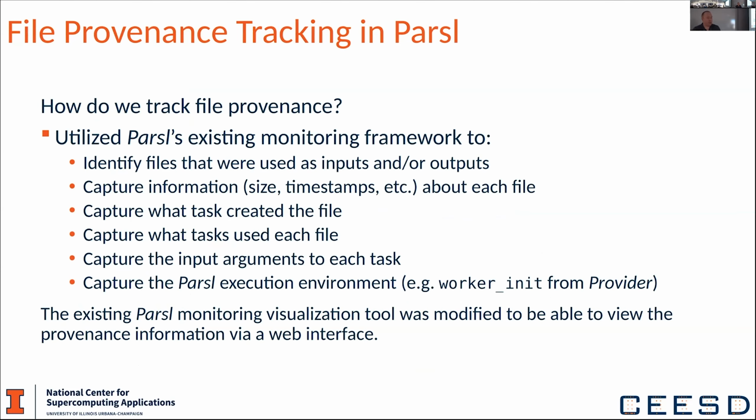So we utilize the existing monitoring framework to identify all of the input and output files going into each function and capture the information about them, their size, timestamps, etc. We capture what task created it, what tasks used the file, what input arguments went into the different functions, and also as much about the parsl execution environment as possible, for example, looking at the worker init inside the provider.